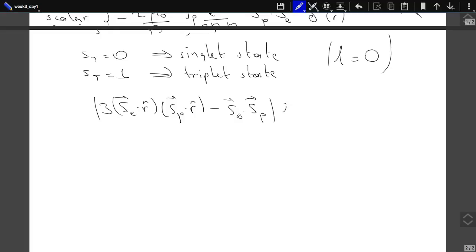If you take the matrix element between L is equal to 0 states, this is 0. So at least if we are studying the effect of this spin-spin coupling on the L equal to 0 states, we don't need to worry about the angular momentum. We don't need to worry about the tensor states.